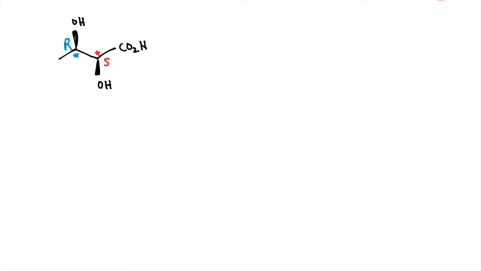Now let's do the case where we have the same configuration, but instead placing those two OH groups with a dash. Again, we have two stereocenters. Nothing has changed there. All that's changed is we've now taken the configuration and made it a dash. If you were to assign the absolute configuration for each of those stereocenters, you would get S for the blue and R for the red.